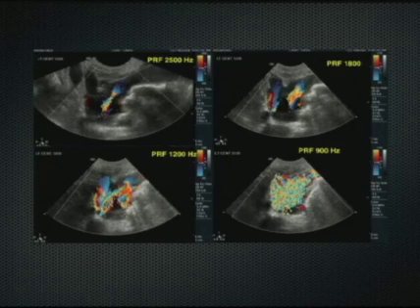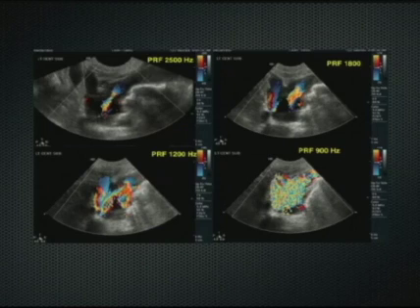For example, here are 4 images of the junction of the left subclavian vein and the innominate vein. And we can see that the color filling this vessel changes dramatically as we change the pulse repetition frequency from 2.5 kilohertz down to 0.9 kilohertz.